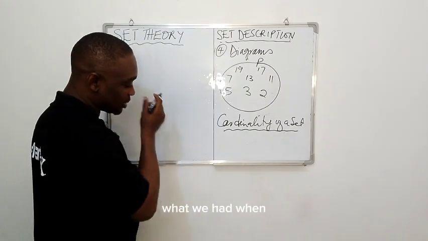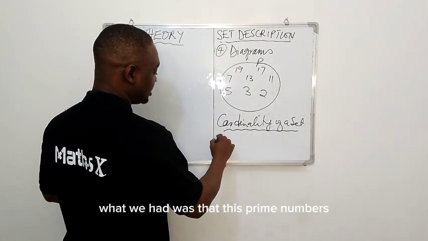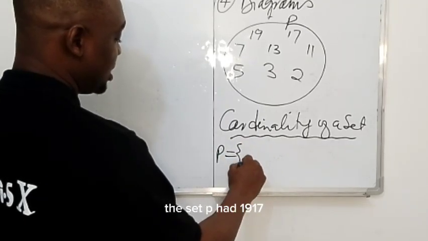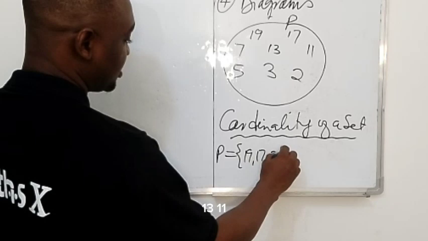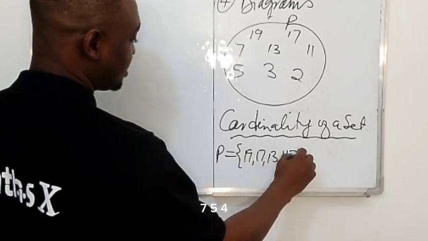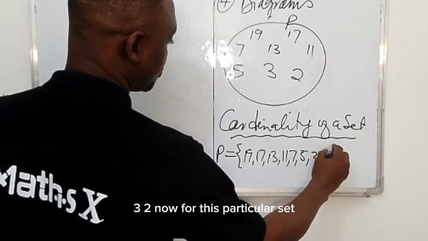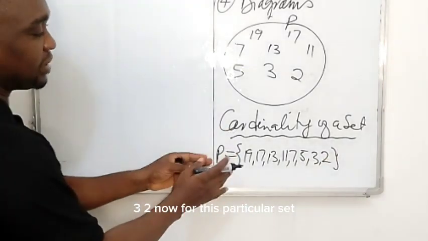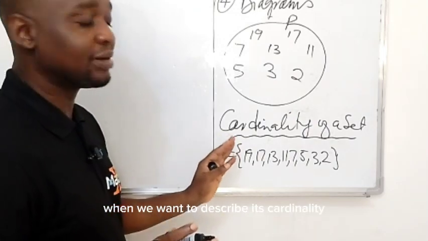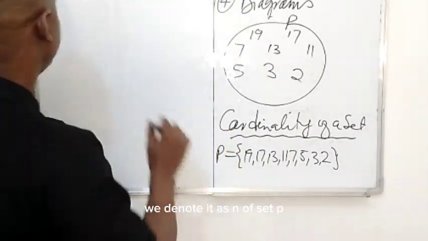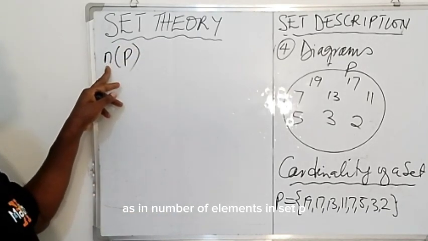When we listed that set, the set P had 19, 17, 13, 11, 7, 5, 3, 2. Now, when we want to describe its cardinality, we denote it as n of set P, the number of elements in set P.